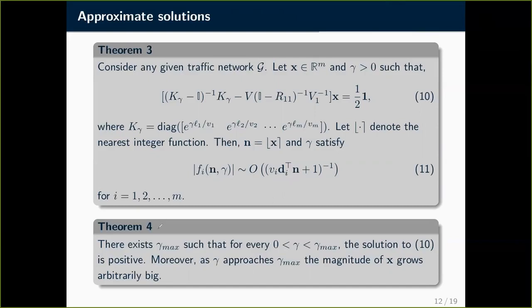And this goes well with the second theorem, theorem M4, which states that there exists a maximum gamma such that for all values of gamma below that maximum bound, the solution of this matrix is positive, so X will be positive. Also, as gamma approaches gamma max, the magnitude of X will grow arbitrarily big, and therefore we can make the error arbitrarily small.